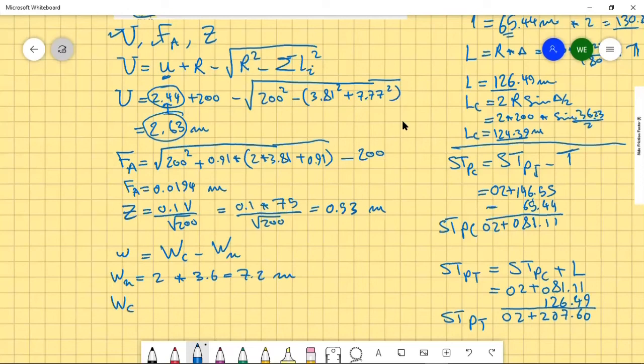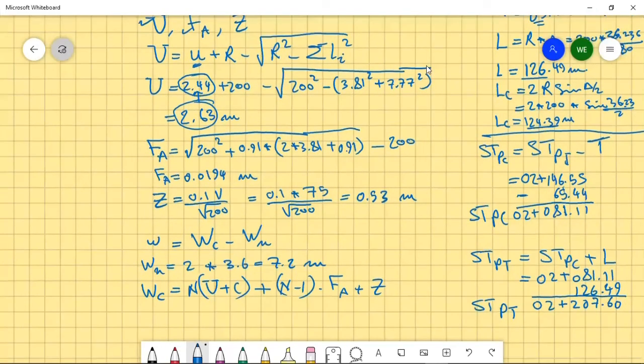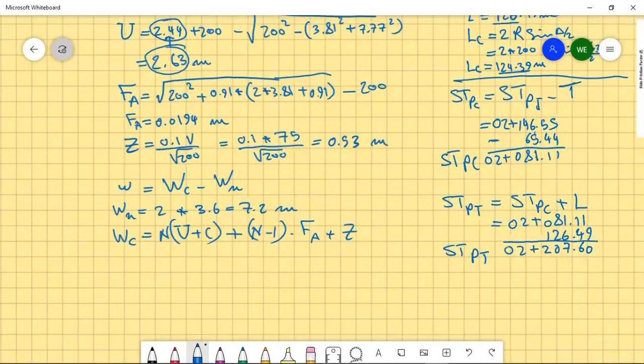W curve equals N multiply U, okay, plus C, plus N minus 1 times front overhang plus Z. So what is C in our case?